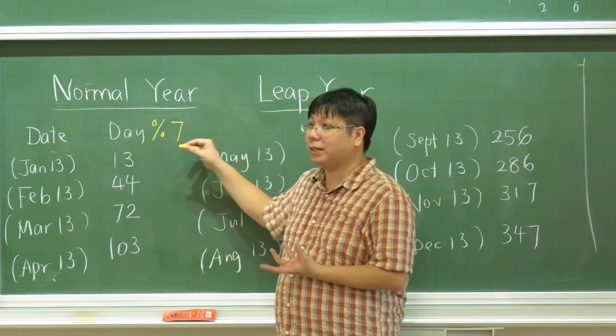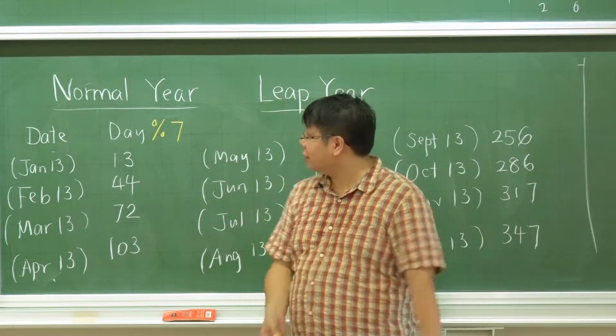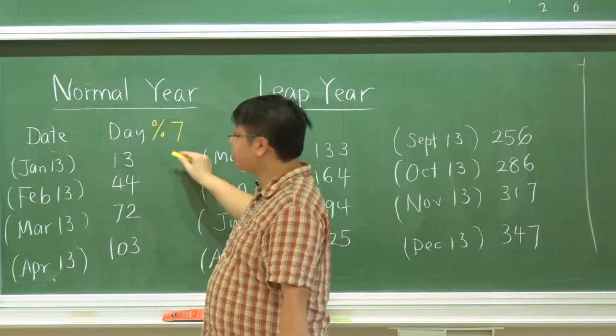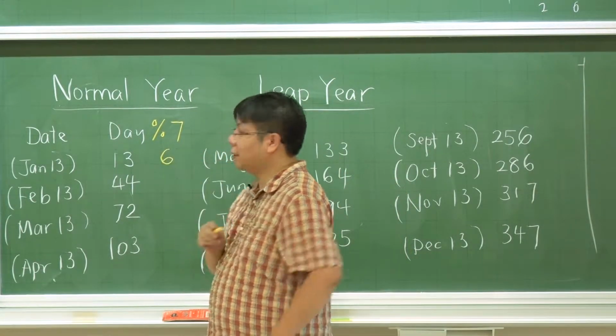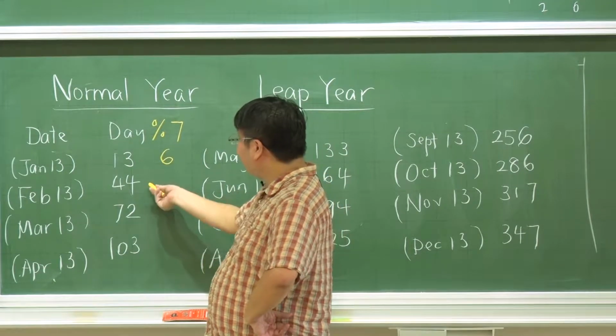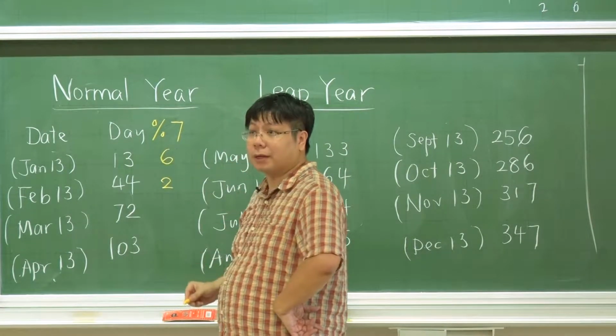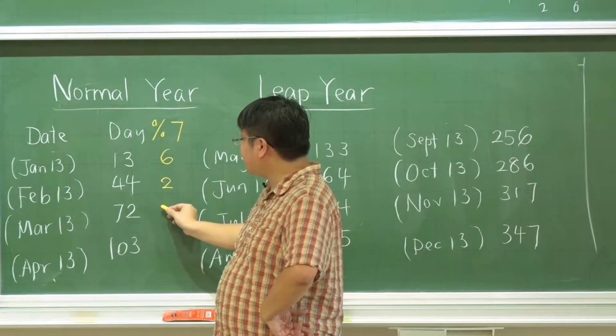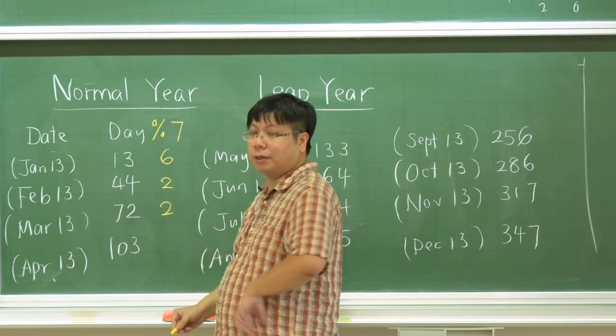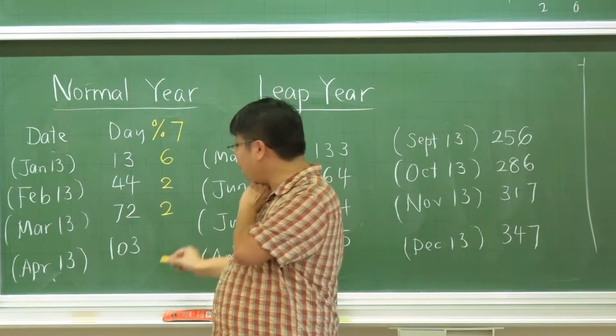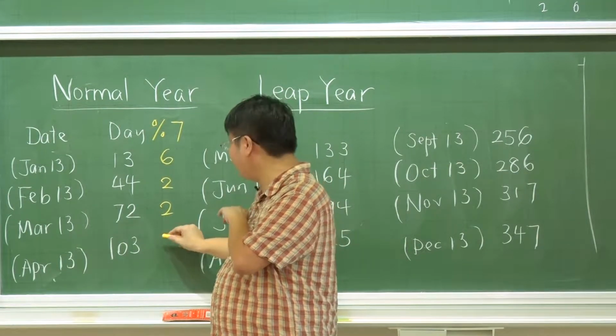This is to divide by 7 and then take the remainder, okay? So 13 modulo 7 is equal to 6. And then 44 modulo 7 is equal to 2. Is that okay? And then 72, 2. 103 is equal to 5. Looks like 5.